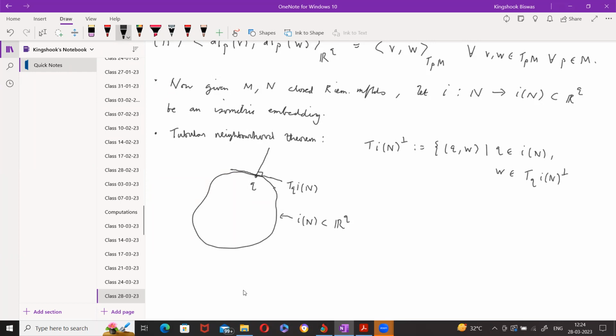Okay, so this is a subspace of RQ. Oh, I'm using Q in two places, but don't mind that. It's just an abuse of notation. One Q is the dimension, the other Q is the point. Okay, fine. So this is called the normal bundle.